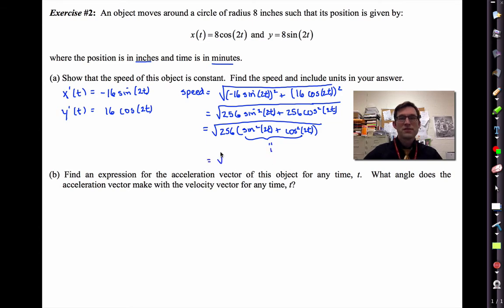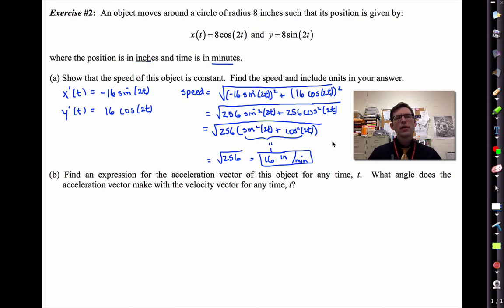So the speed is, in fact, just the square root of 256, which is 16. That's my speed. And it's going to be in inches per minute. So, in fact, I kind of accomplish everything in one fell swoop, right? Not only do we prove that the speed is constant, but we find out what that constant is, 16 inches per minute, and we come up with its units.